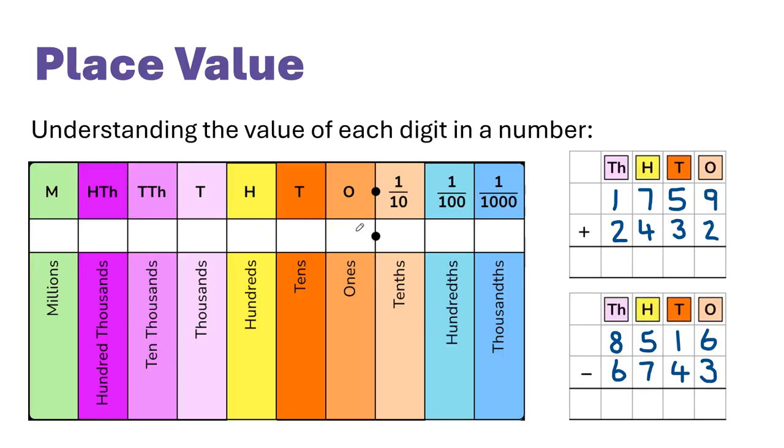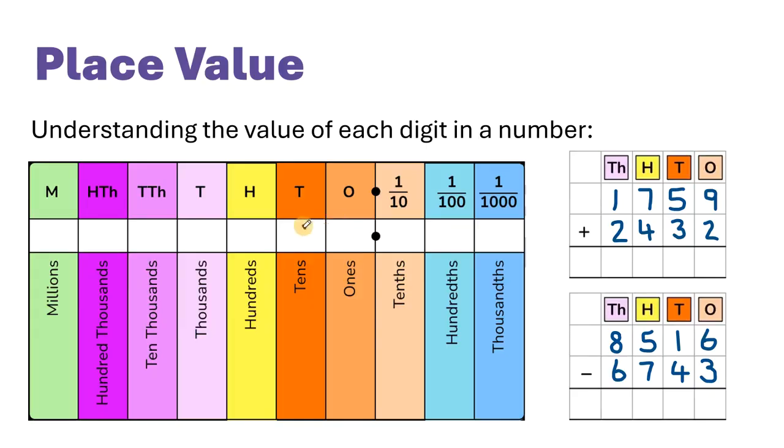Now I can never have more than 9 in any of my columns. The reason being, if I have more than 9 ones, well, that increases to a 10. So that would jump over to my next column. So I'd end up with 1 ten and then 0 ones.